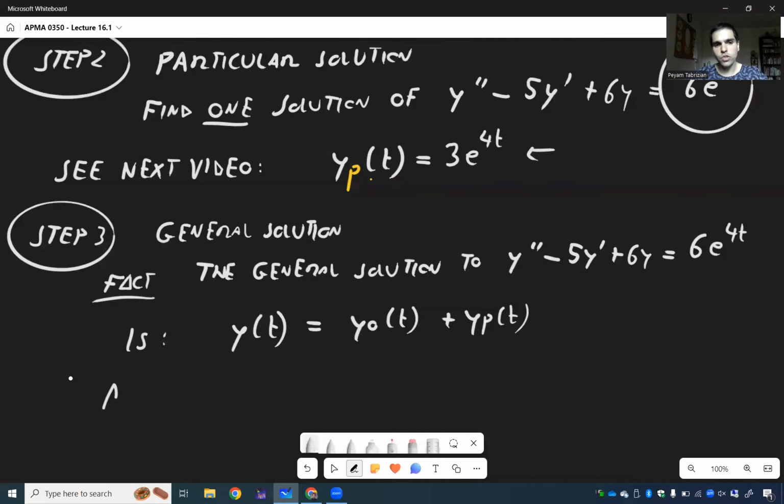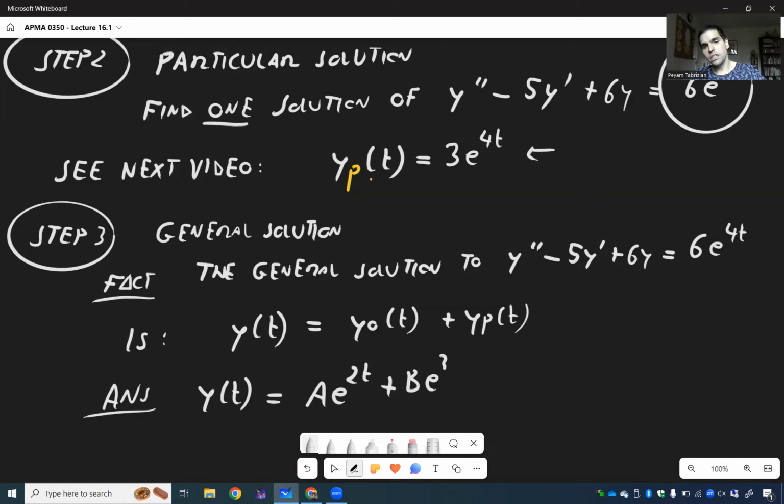So here the answer is y of t equals ae to the 2t plus be to the 3t plus 3e to the 4t.